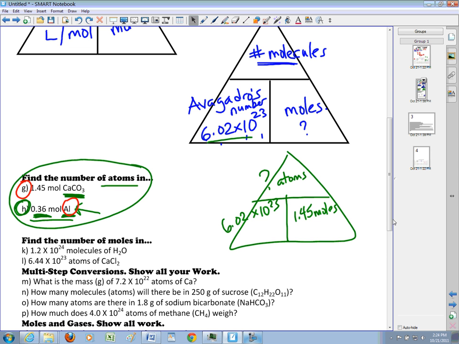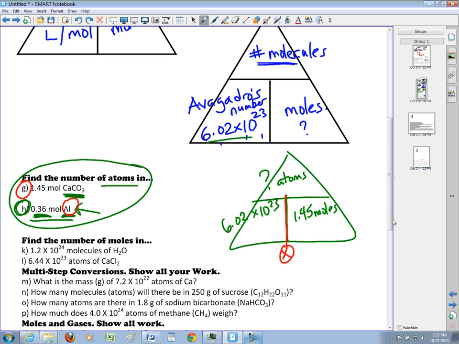So I'm going to take my calculator, and because I know that this line here represents multiply, I'm going to multiply 1.45. Whoops. There's a mistake in the calculator. 1.45 times 6.02 times 10 to the 23rd equals. Okay.